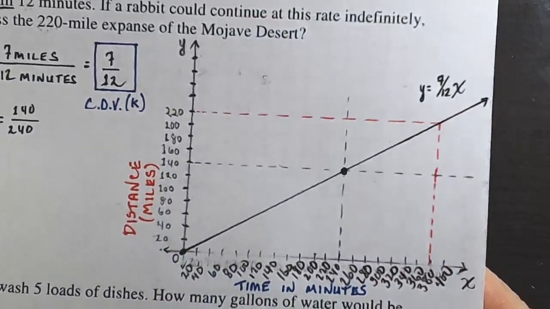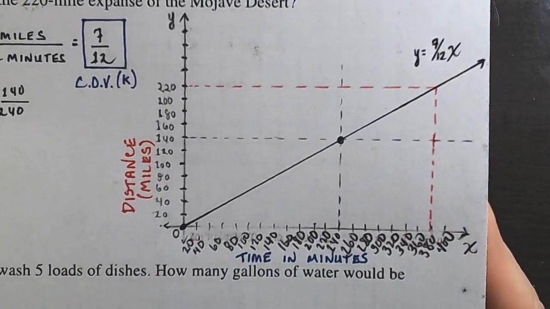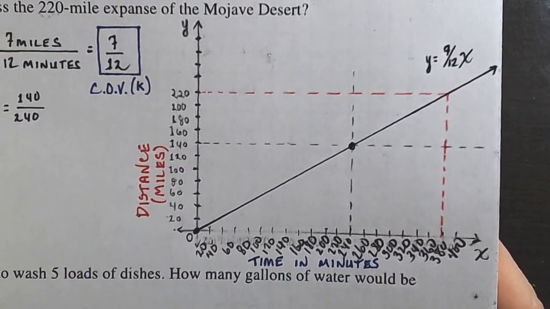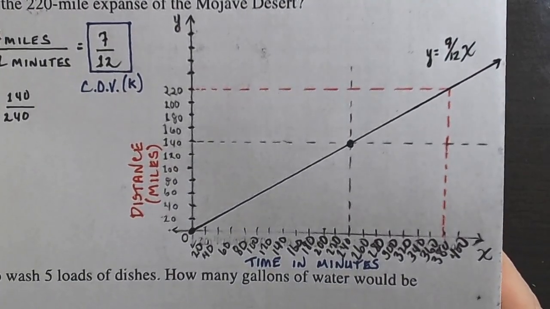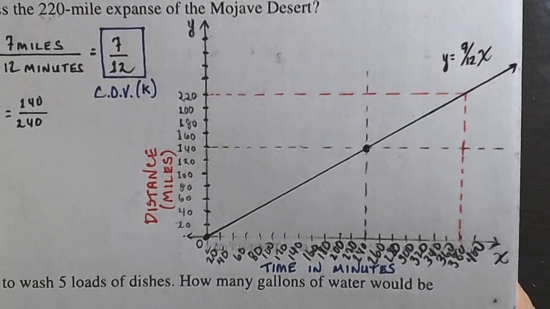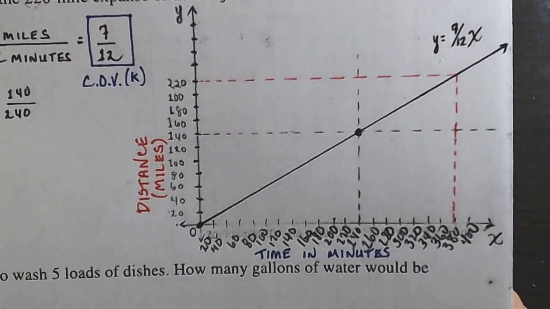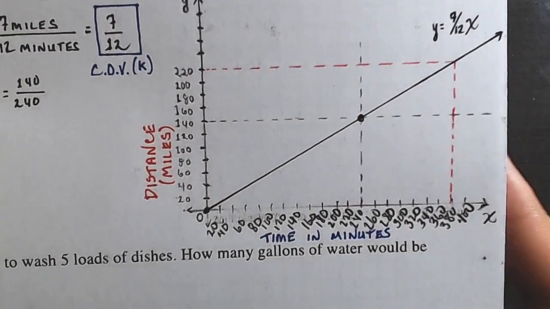According to this graph, at 220 miles, it is taking this guy something close to 380 minutes to do that. So again, with scales this wide, if we're close to 380, we've done a good job in drawing our graph.